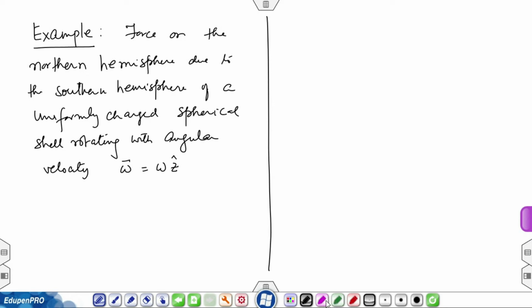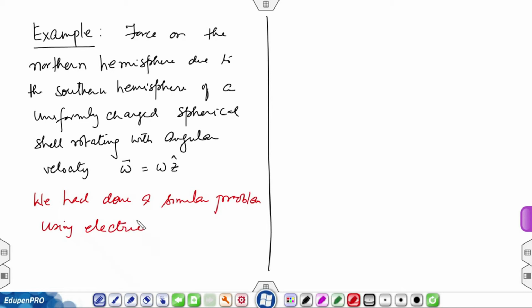We had done a similar problem of a shell applying force on the other shell due to electrostatic field, but we had solved it using the electric field generated stress tensor.